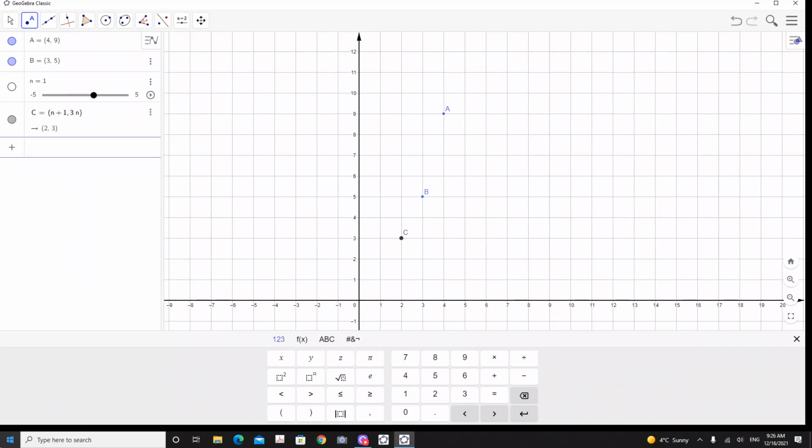For the time being, C is here, because n is equal to 1. If you put n equal to 1, it becomes 2 and 3. This is why you see the point C here. It is 2 and 3.